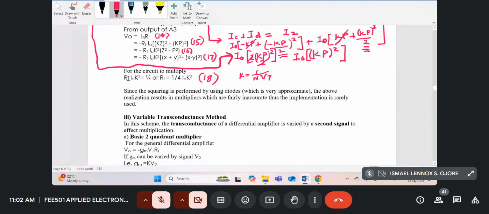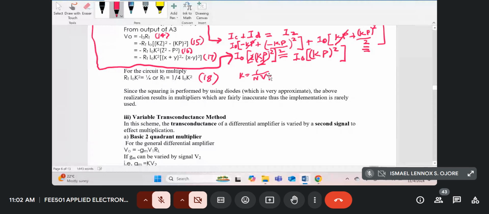So I'll use RF I naught K squared equal to a quarter, or we can solve for RF as equal to 1 over 4 I naught K squared. But you got to remember that K, the substitution we used, K is 1 over eta Vt, and eta is equal to 1 for germanium, eta is equal to 2 for silicon, and Vt is kT over q, which is about 26 millivolts at room temperature.